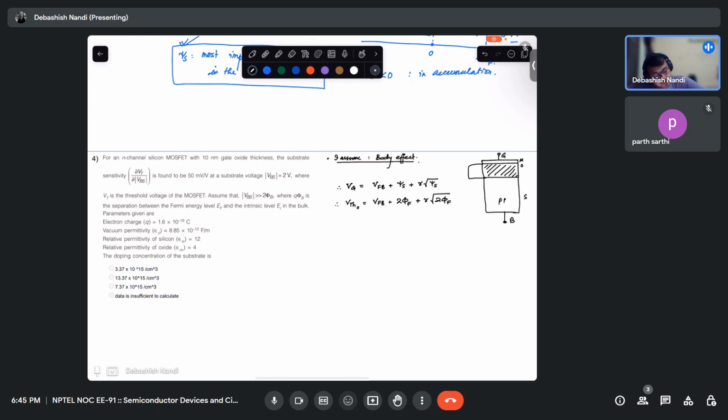This is P type, this is some N plus contact. There will be depletion charges, and there will be inversion charges. Okay. So let's say I have this kind of contact which I am calling source, and I am applying some potential here.